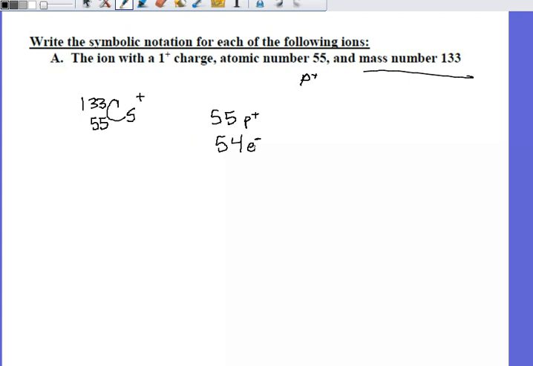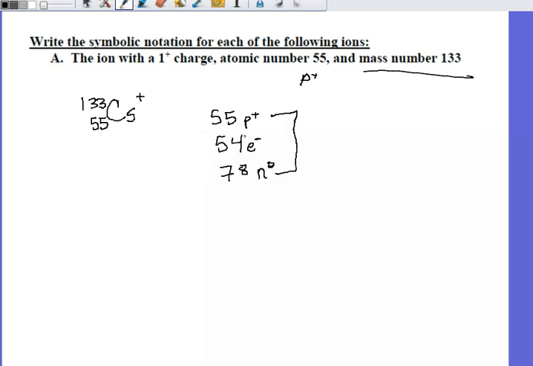And if you want to calculate the number of neutrons, you just take your mass number, take away your atomic number. So when you subtract that, this will become 78 neutrons. So that's how you get its nuclear makeup. So these two things are in a nucleus. These 54 electrons are in the electron cloud.